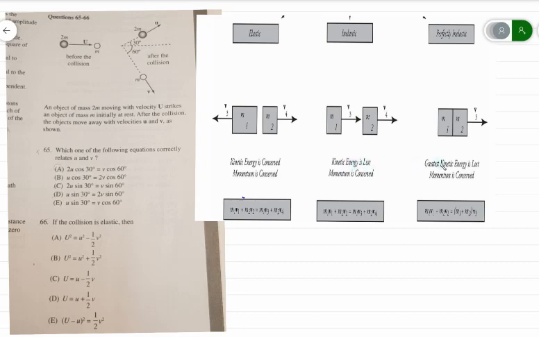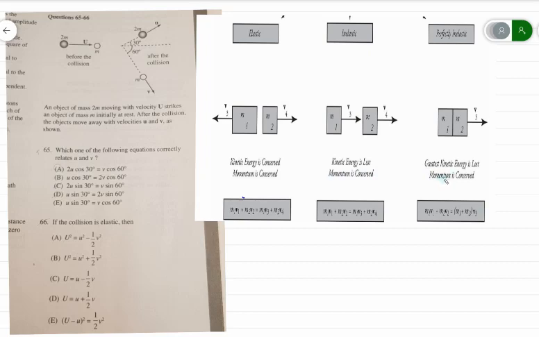Similarly, for the perfectly inelastic case, you cannot use the kinetic energy equation to solve the unknown. The only thing you can use that's common for the three is that momentum is conserved.